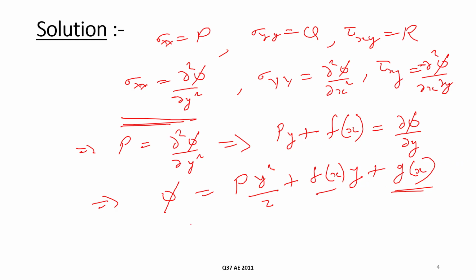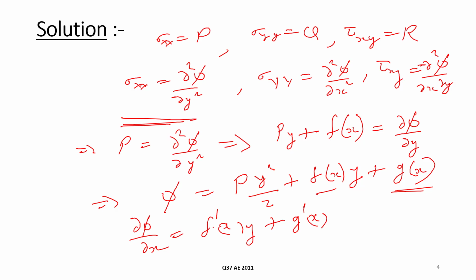Now we will differentiate this equation with respect to x. If we differentiate this equation with respect to x, we will get ∂φ/∂x equal to, this term will be 0, f'(x)·y plus g'(x).